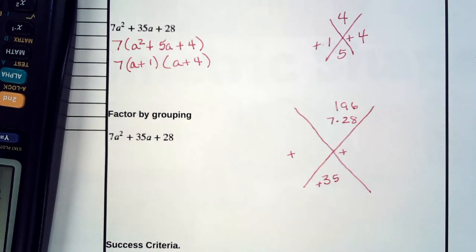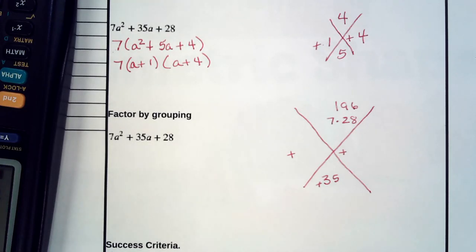Okay, let's see. So if I take 196 and divide it by 7, I get 28. 28 plus 7 is 35.